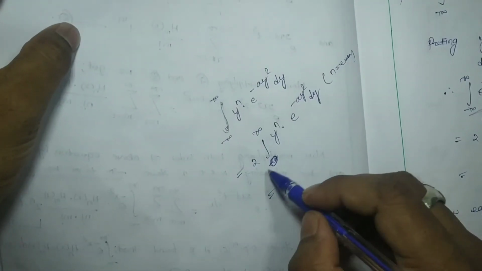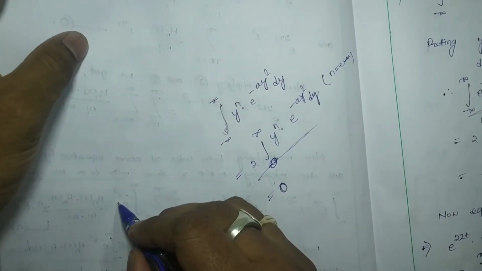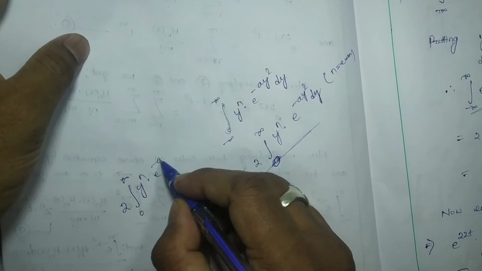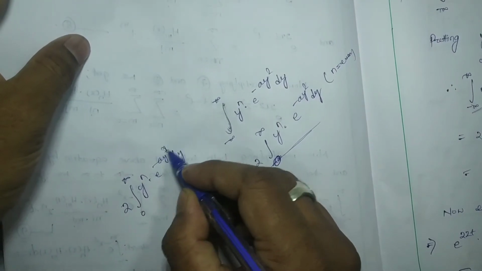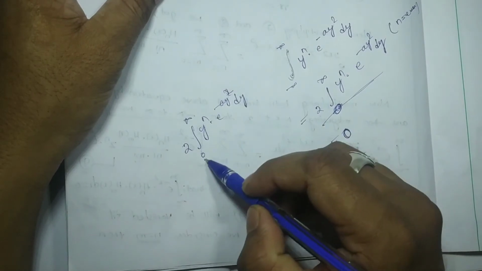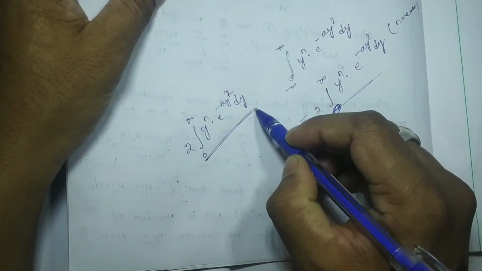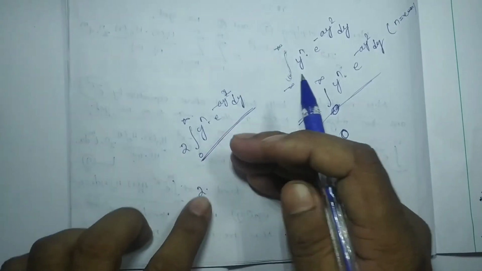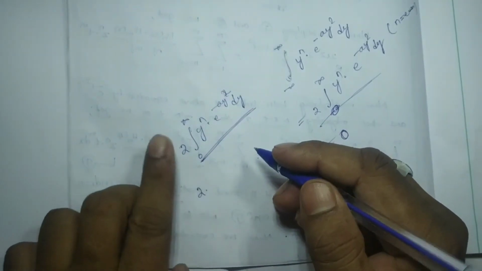Then further, this integration, we found 2 times the integral from 0 to infinity of y^n e^(-a y²) dy. For this type of integration from 0 to infinity, the 2 is there, keep it.